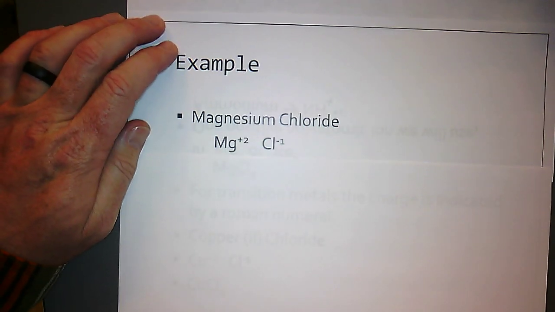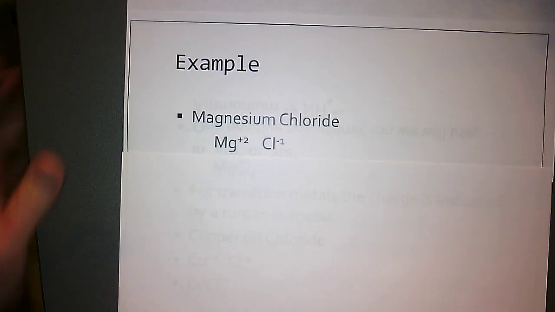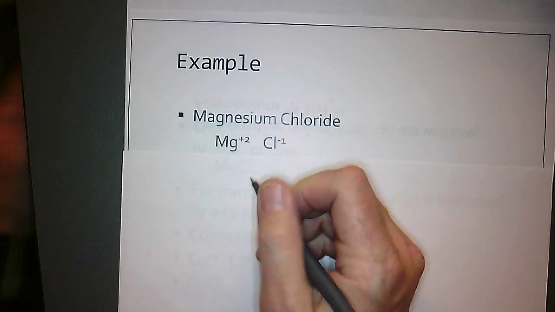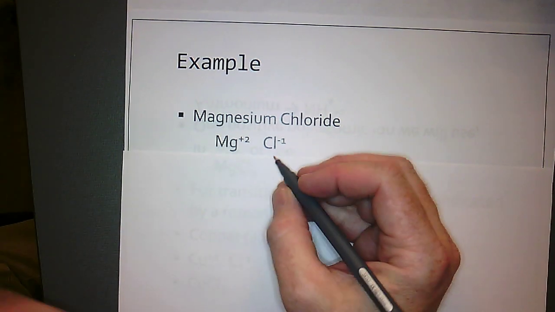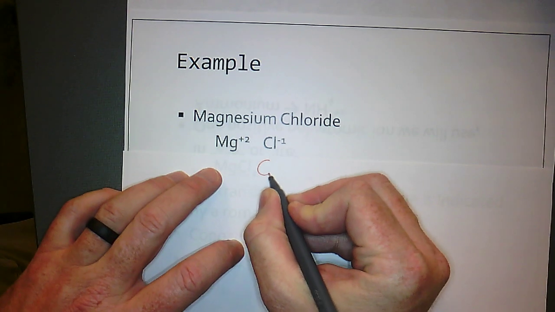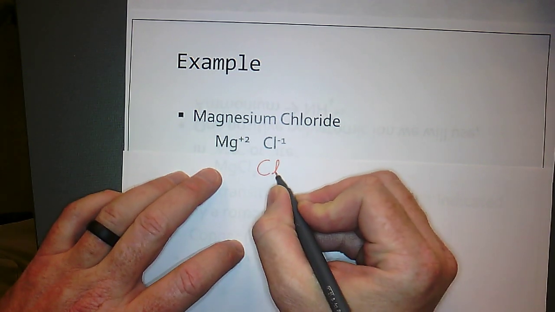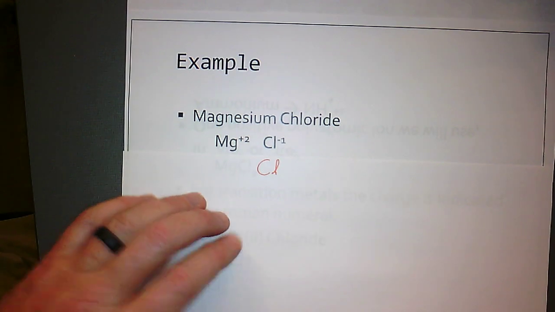So MgCl, and one thing I want to point out. When we're writing chlorine or any element whose second letter is l, I know a lot of you guys didn't learn cursive, but the standard way to do it is to write our capital C and then a lowercase cursive l, which is kind of a loopy thing.